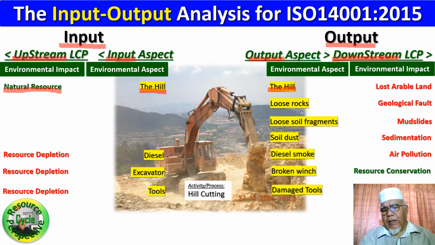And what have we as an environmental impact is lost arable land, or lost natural civil structure, lost what they call it, natural piling work. The hill is a pile for the stability of the mesosphere of the Earth's surface.